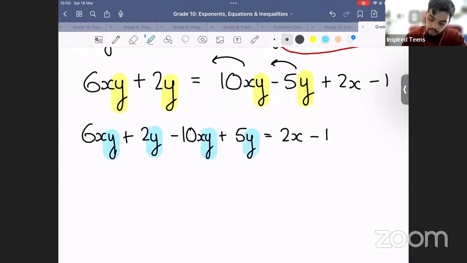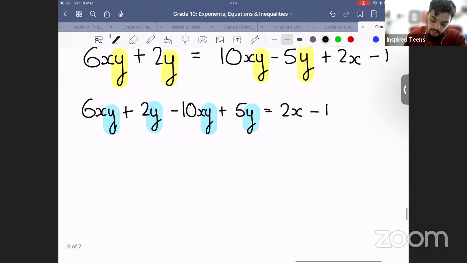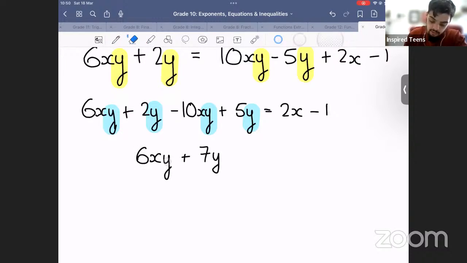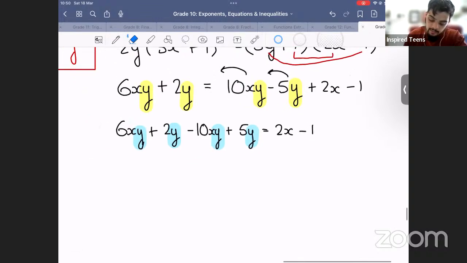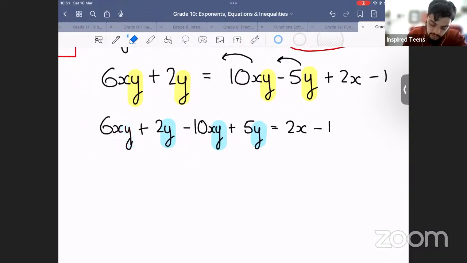Okay, I can actually simplify it one more, just because they're like terms. Oh, it can be simplified a lot, actually. Sorry, I didn't realize that we have multiple like terms: 6xy, negative 10xy, 2y, and 5y.